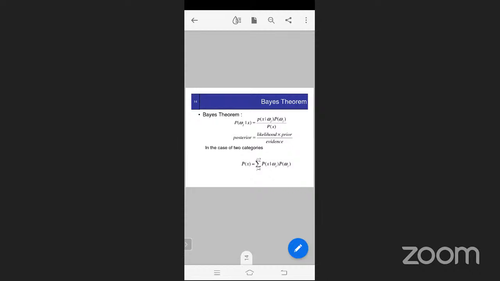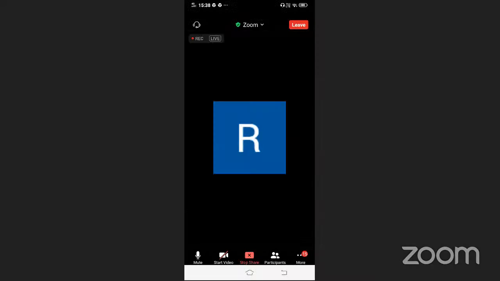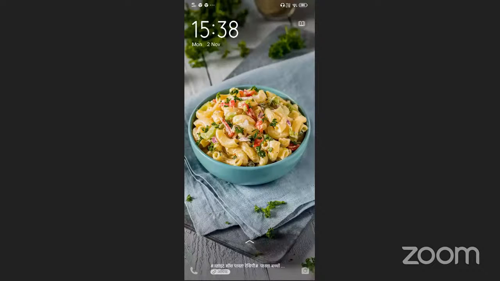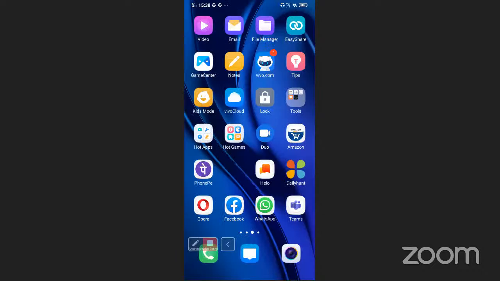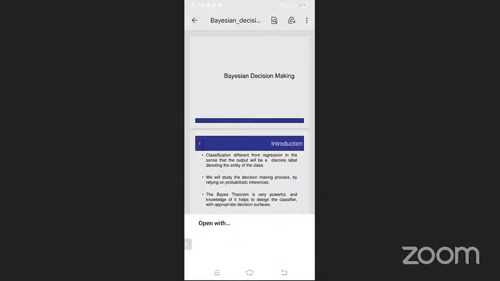The reason is that your features are getting incorporated, correct? Your features are getting incorporated via the class conditional density. So the prior gets converted to posterior. Is it clear to everyone? Yes, sir. Fine.